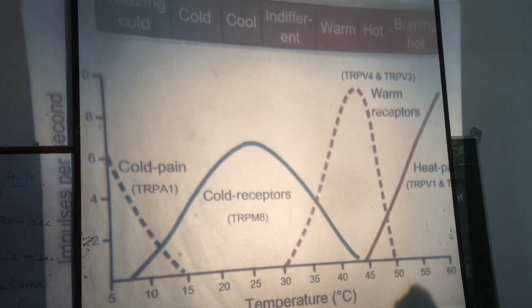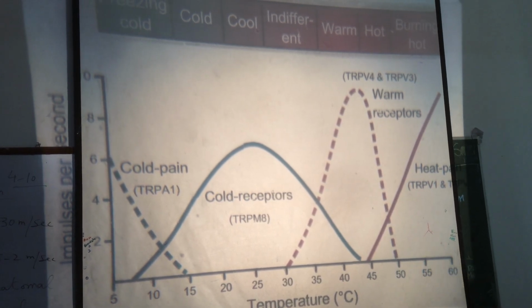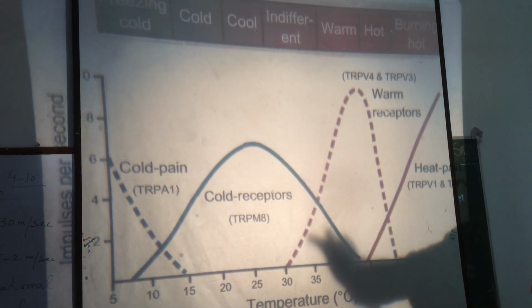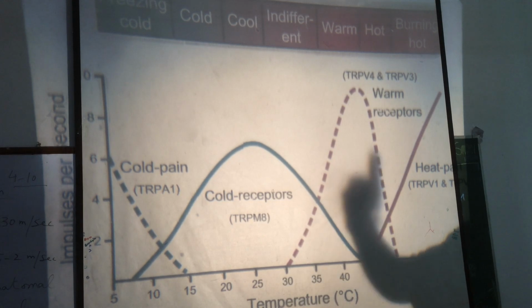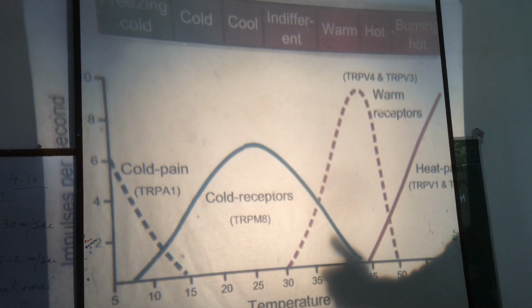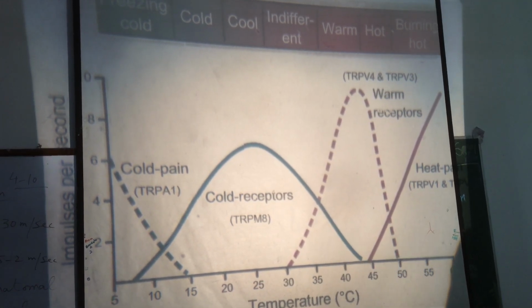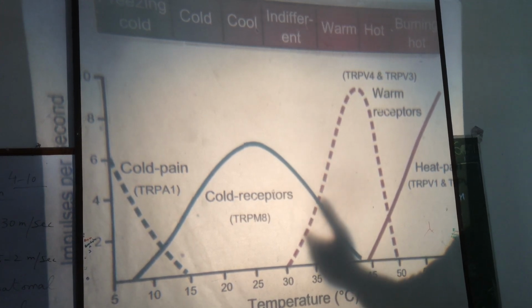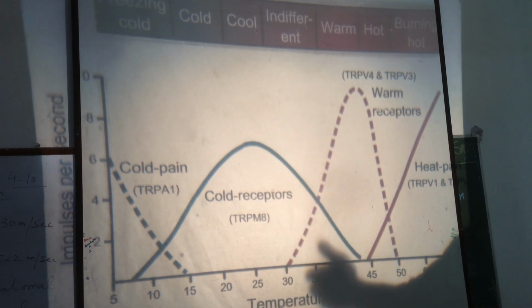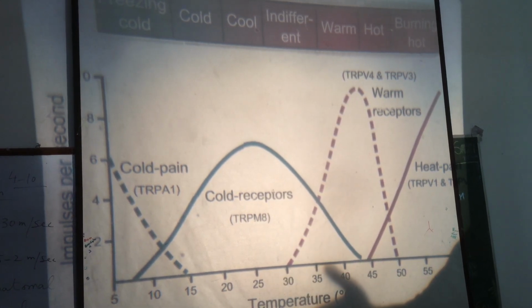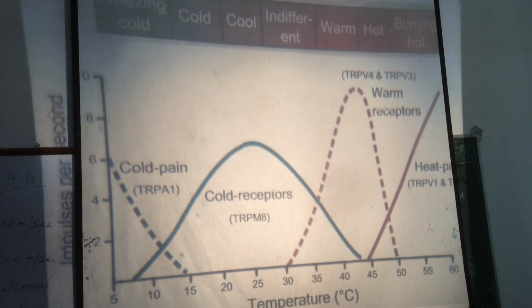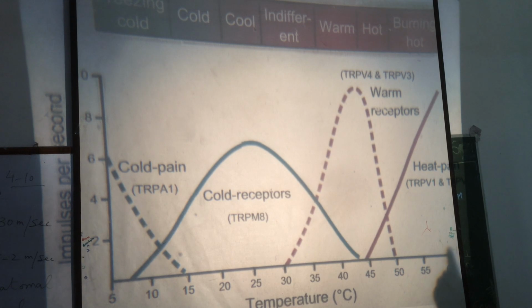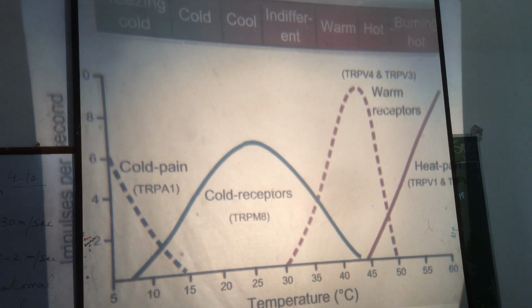If you are exposed to falling temperature, you feel more cold. If you are exposed to increasing temperature, you feel more warm or hot. Of course, these also respond to steady or static temperature.